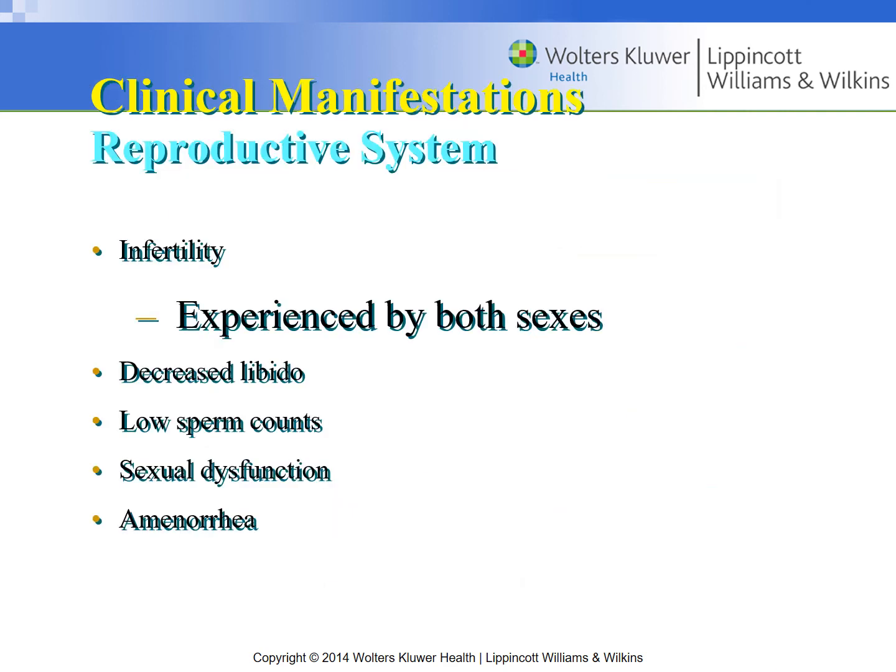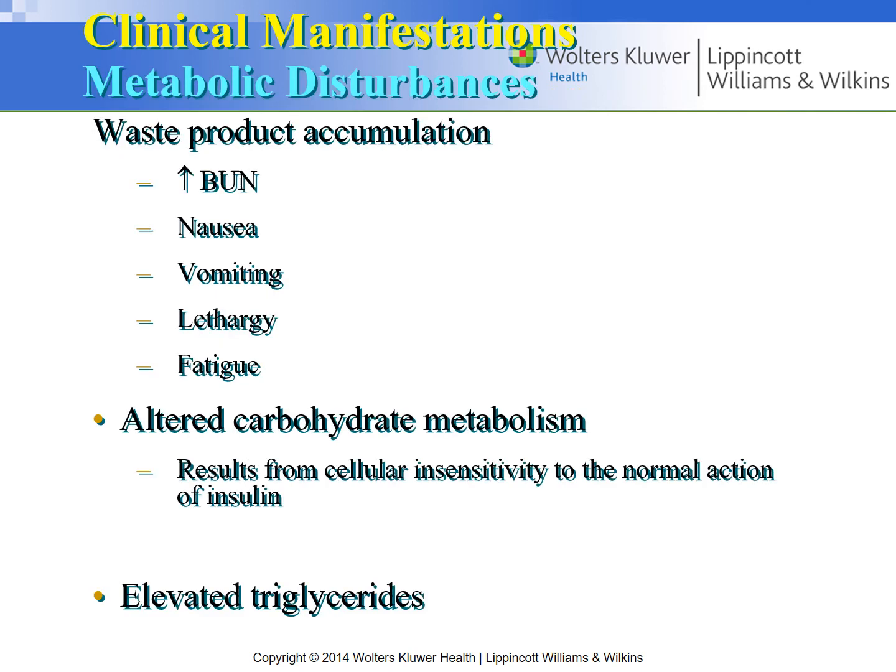Reproductive system, we will see issues there: infertility, decreased libido, sperm counts low, amenorrhea for the women, so definitely issues there. With our metabolic disturbances, we're going to see obviously an increase in our BUN and creatinine. We're going to have nausea and vomiting, lethargy, fatigue.